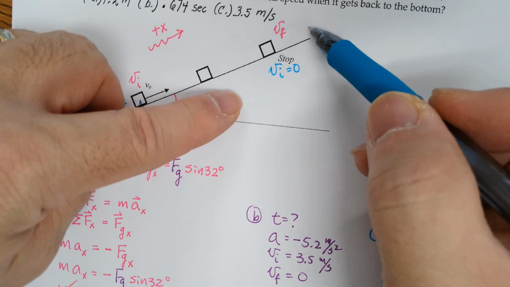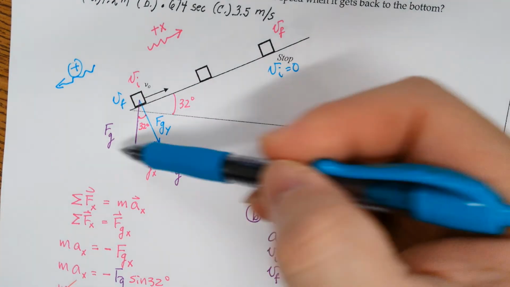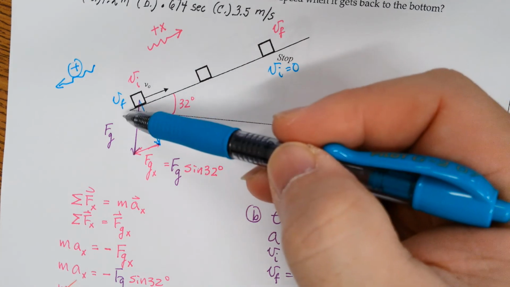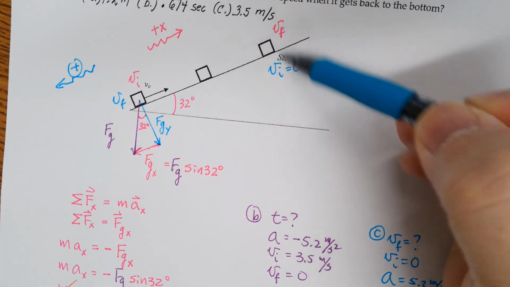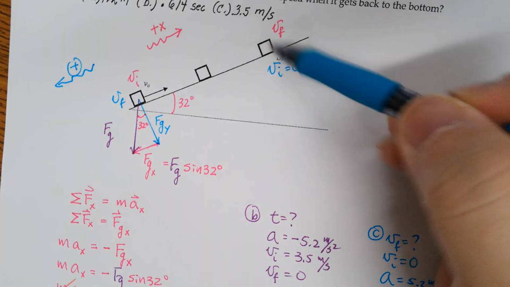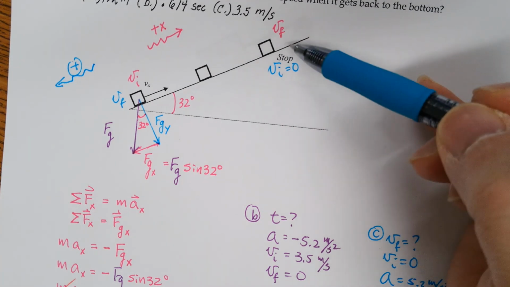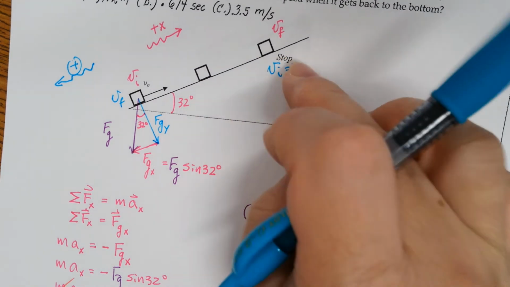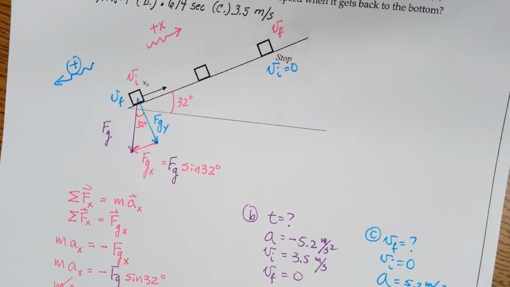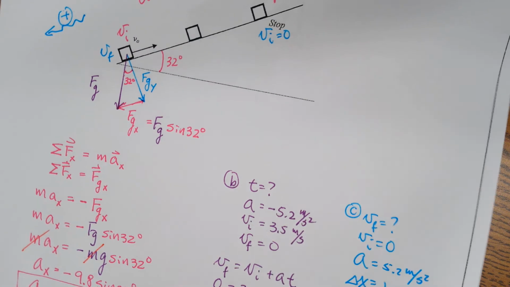You see the difference? So on the way up, you're going to have a greater negative acceleration. Here, your acceleration is going to be the difference of g sine theta minus the frictional force. So you're going to have a smaller magnitude on the way down. We'll talk about that in the next chapter, actually.